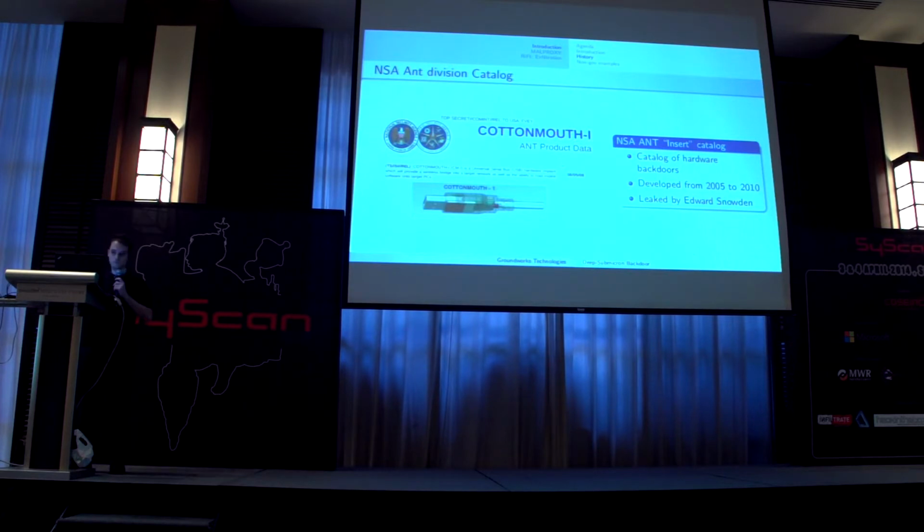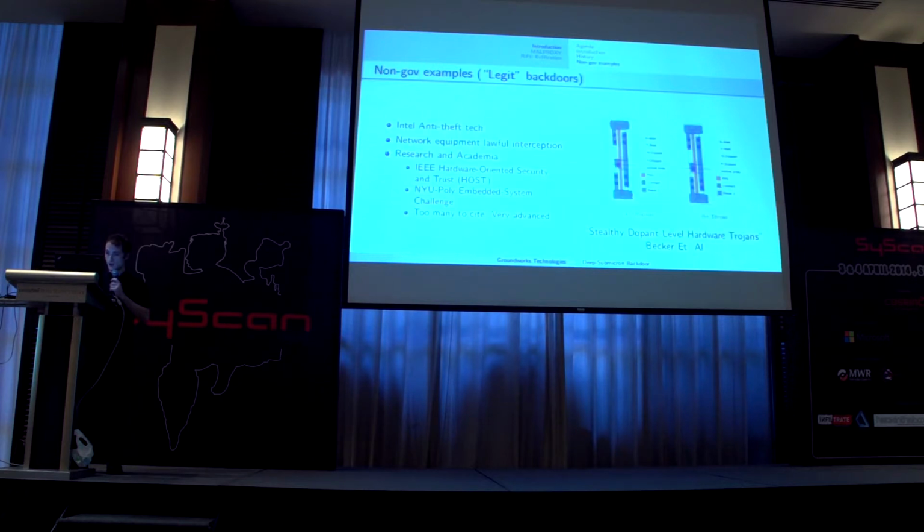The agents from the NSA can order them for free up to thousands of dollars each. Very interesting technology. It's not really new. These leaks are from 5 years ago, so you can imagine what they have today. And hardware backdoors are really an explored field in academia. They have a world conference about hardware rootkits.